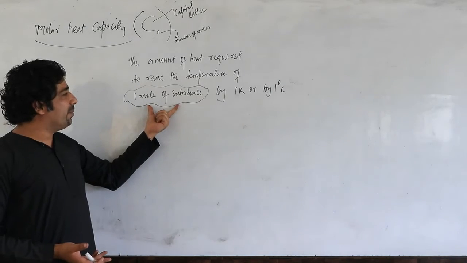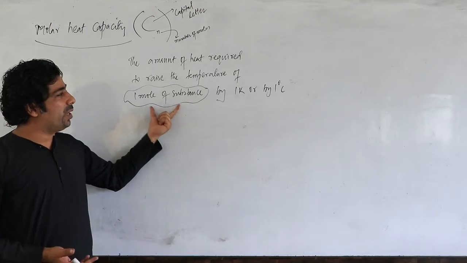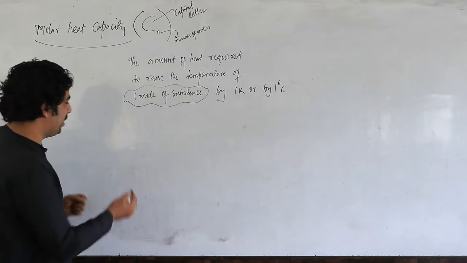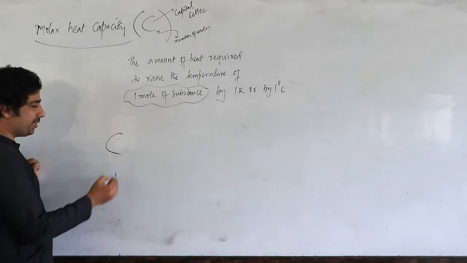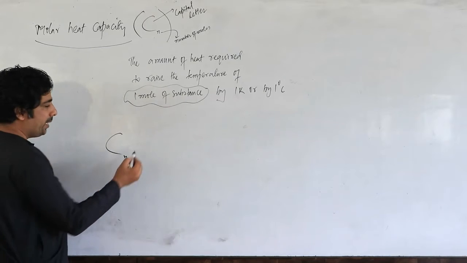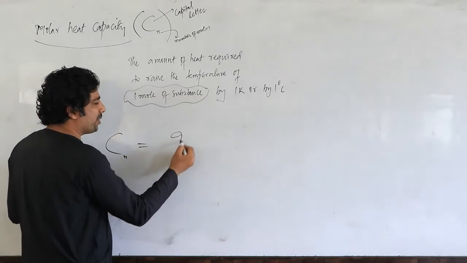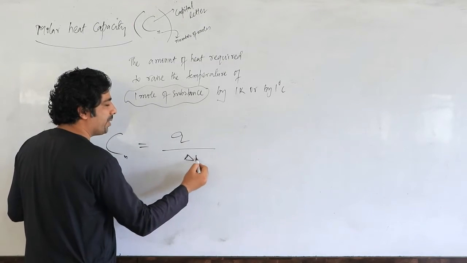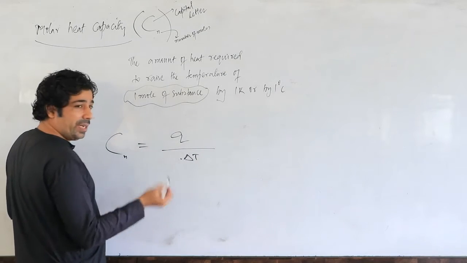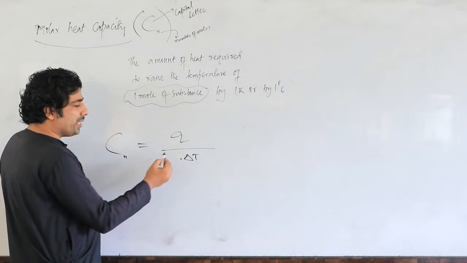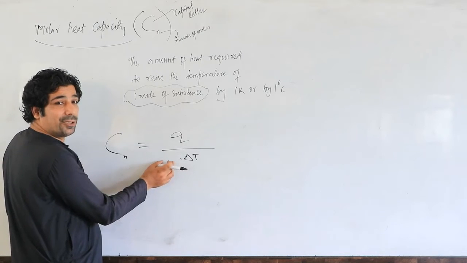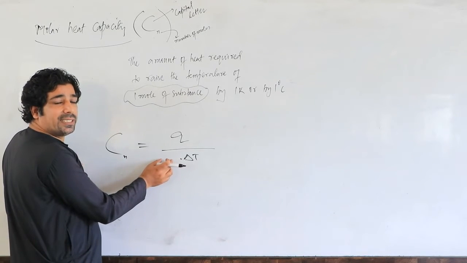I have to raise the temperature of 1 mole of substance by 1 Kelvin or by 1 degree Celsius. So capital C and n will write down. That's equal to, my dear friends, same expression Q upon delta T. In the previous expression we were using m, that was the mass, unit mass. So we were raising the temperature of 1 gram of substance by 1 degree Celsius when it was specific heat capacity.